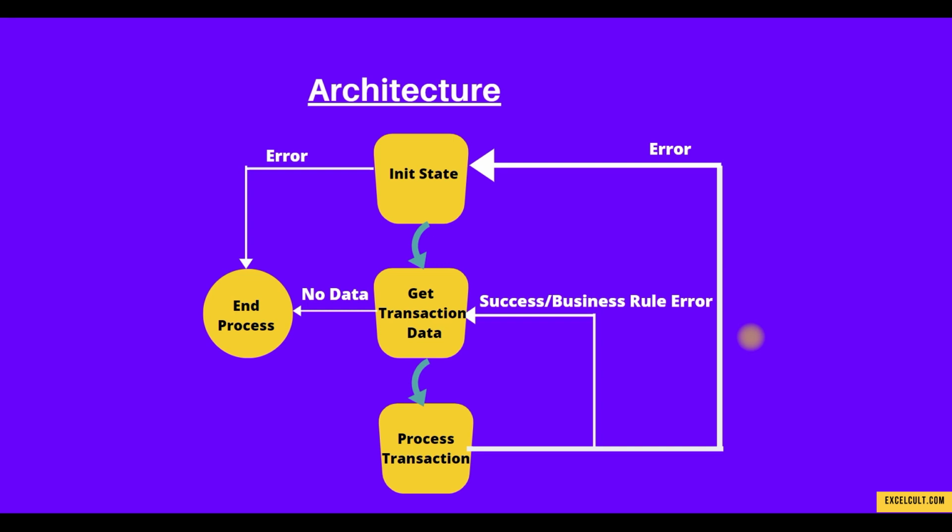So once this is done, as get transaction data is a watchman, and assuming there were only 10 people today, very low count maybe, if all this are done and there is no one coming up, this particular arrow you can see, no data will be executed, right? The process will end.